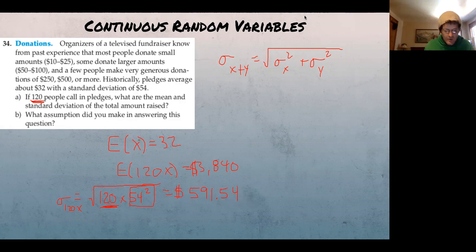So we would expect the mean of our normal model to be 3,840, but it could fluctuate by 591.54. You have to be careful about this. So there we go. Now, the assumption that we made in answering this question was what?